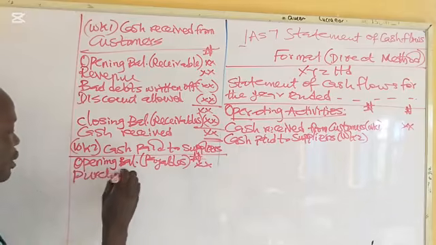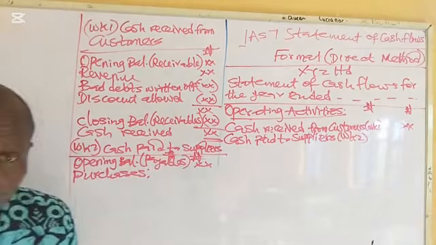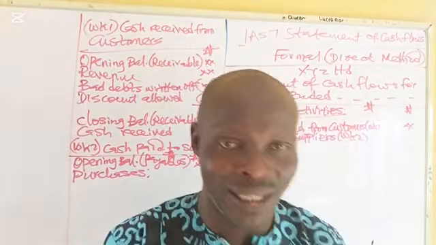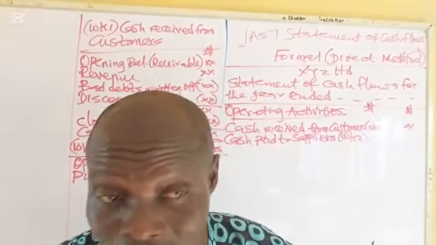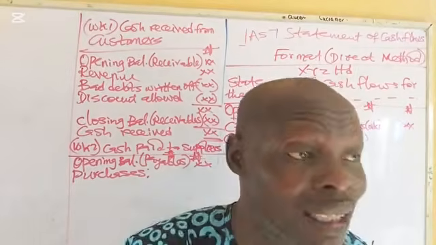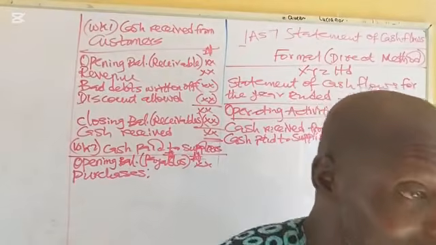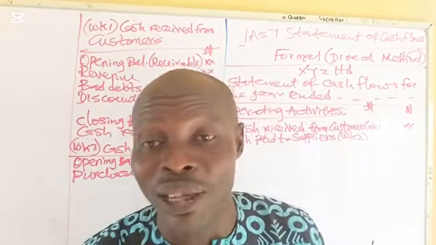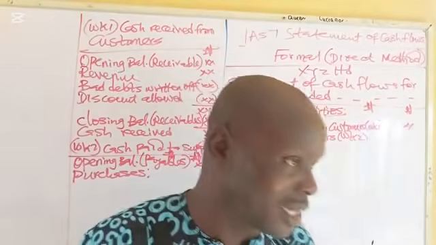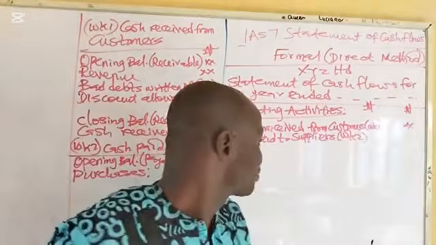We add purchases. But in exams, what will be given is published financial statements, where there will be no purchases. Everything will have been compressed. You have to look for your purchase. How do you look for your purchase?